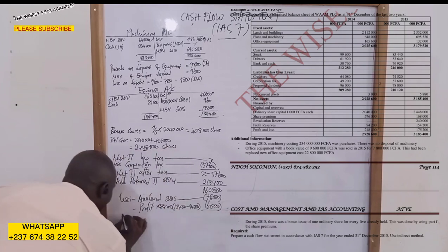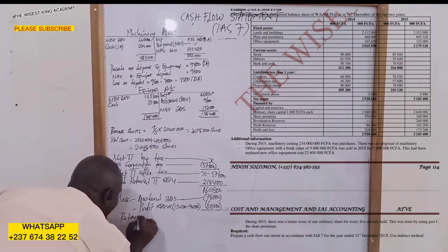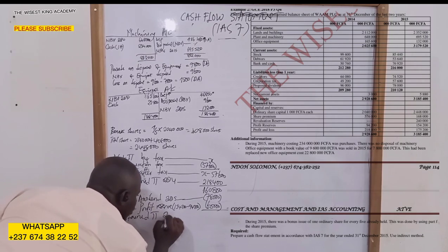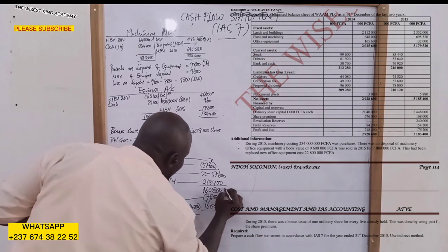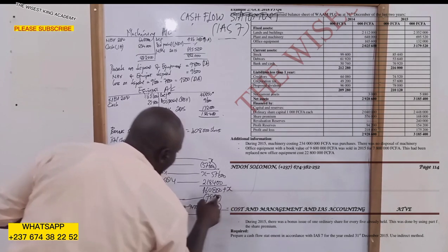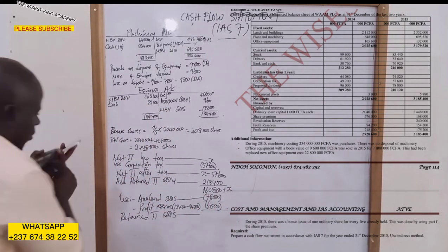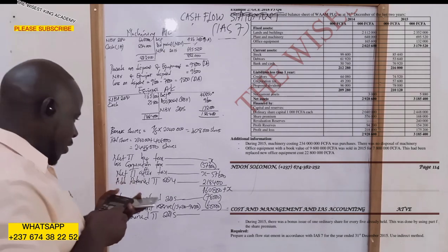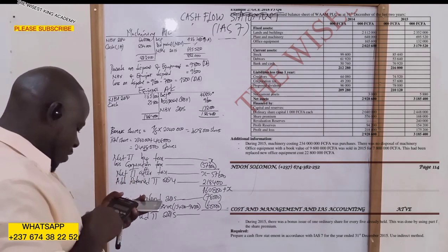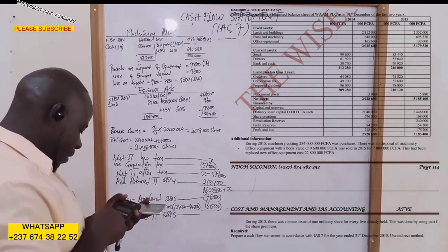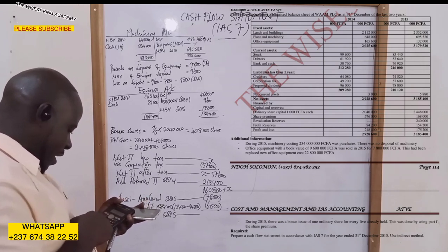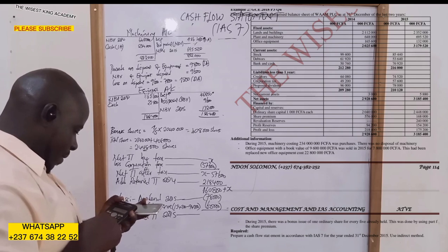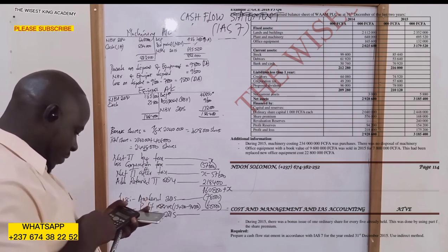So this will give us now our retained profit for 2015. That's going to be X plus 160,800 minus 78,000 minus 60,000.